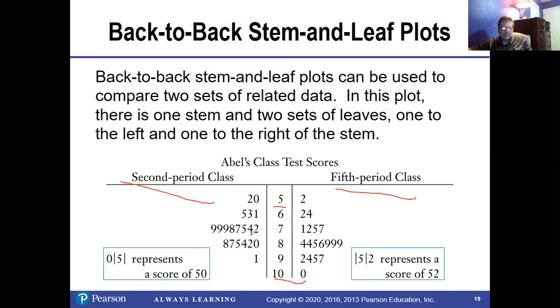Now, if you look at second period class, notice we only have one A, 91. And notice the legend over here. It's backwards. Here's the stem, here's the stem, and here is the leaf. Over here, this is the stem, and this is the leaf.